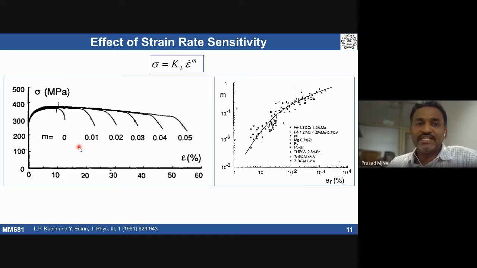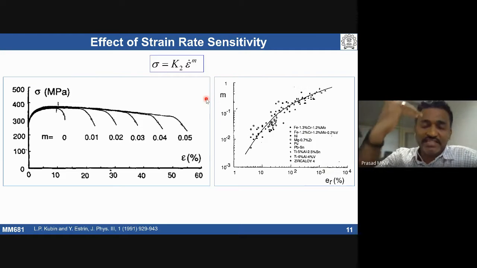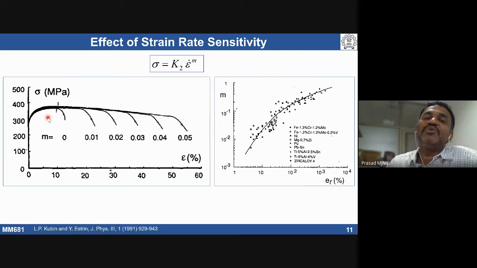It basically tells us that if the strain rate sensitivity is positive, with increasing strain rate sensitivity we see increased ductility. If the strain rate sensitivity becomes negative, what does it mean? With increasing strain rate, the stress is going to come down. That gives negative strain rate sensitivity, and it indicates that your ductility is going to come down.